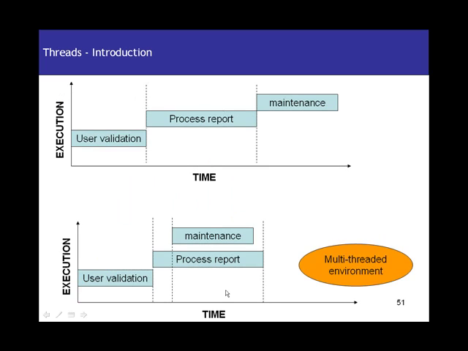Okay, so now we just discussed that using threads you can perform multiple things at the same time. So let's take an example where you would have the need to do such kind of processing, performing multiple things at the same time. Okay, so let's say, for example, that you have a website, right? And the user logs on to your website or logs onto the application and performs various activities, right?